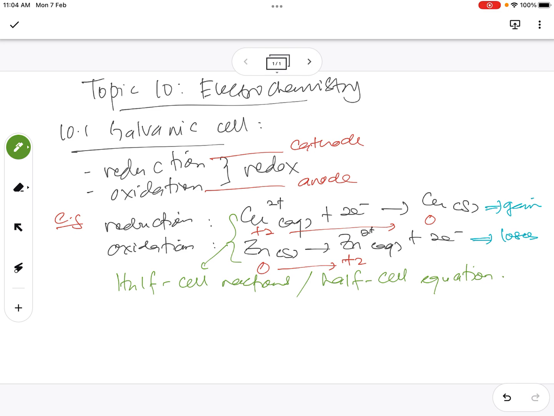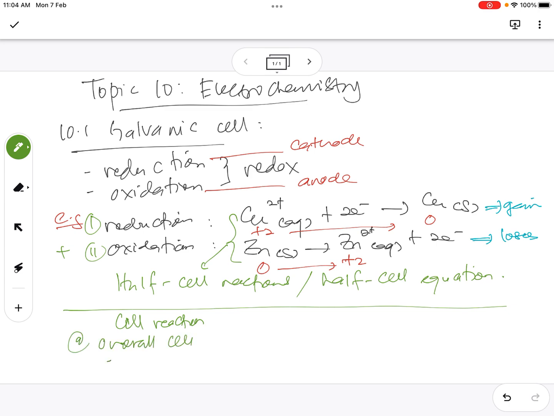So kita ada oxidation dan reduction. Bila tambah dua-dua ni, kita akan dapat apa yang dikenali sebagai, ada buku panggil cell reaction, ada yang panggil overall cell equation pun ada. Okay, so you can call as cell reaction or overall cell equation.